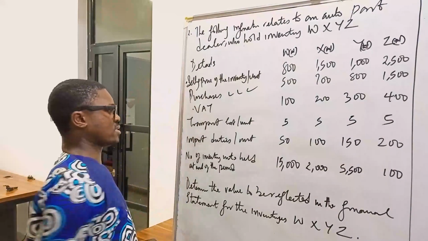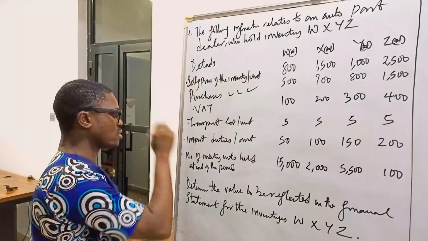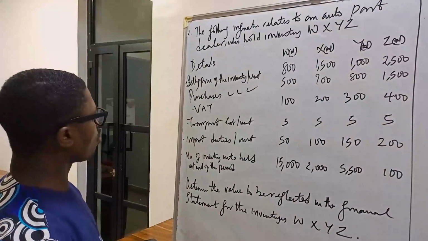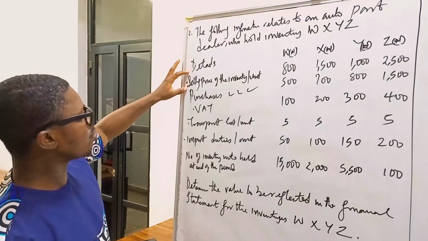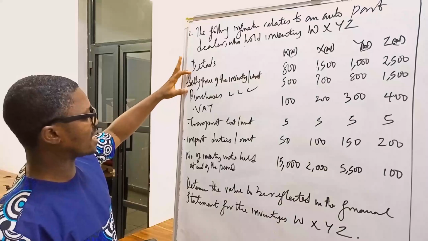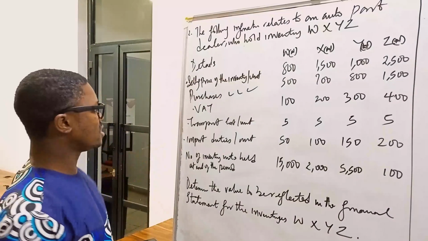Here we have the VAT paid on the inventory. Here we have the transportation cost, and here we have the import duty. So looking at this, the selling price would be used as our net realizable value. Looking at this question, we don't have any cost to sell.